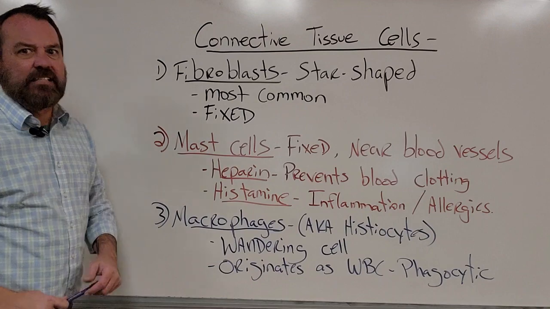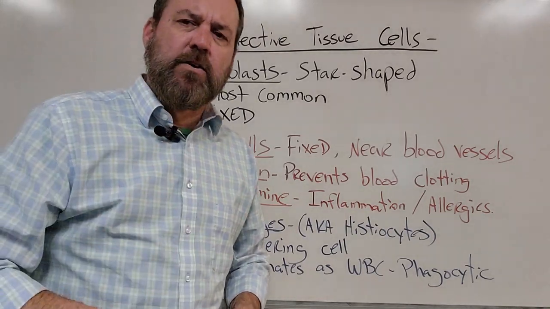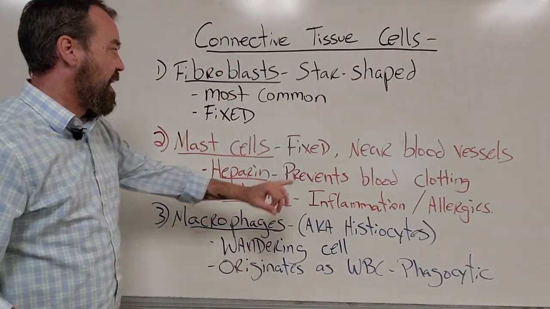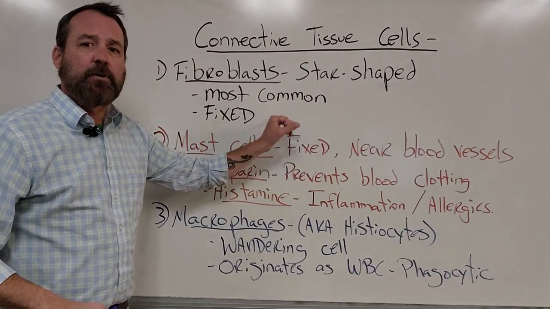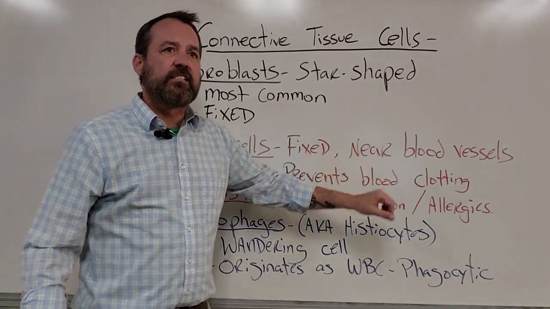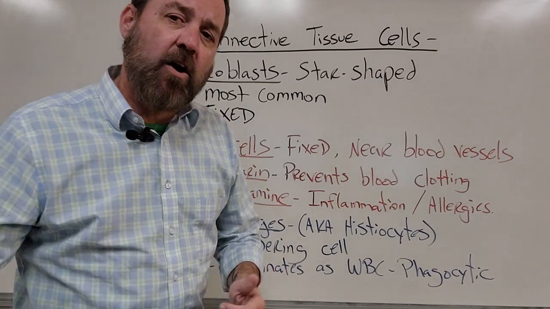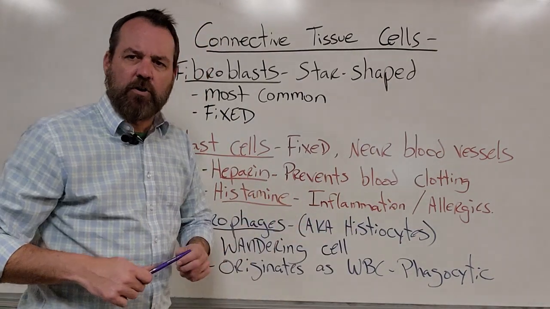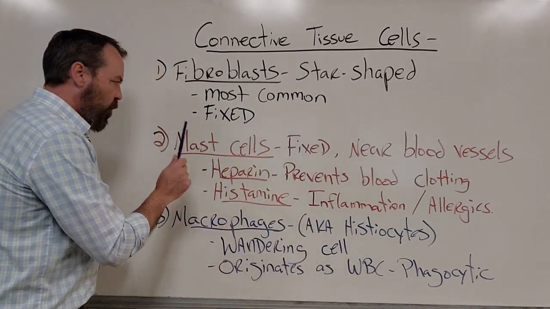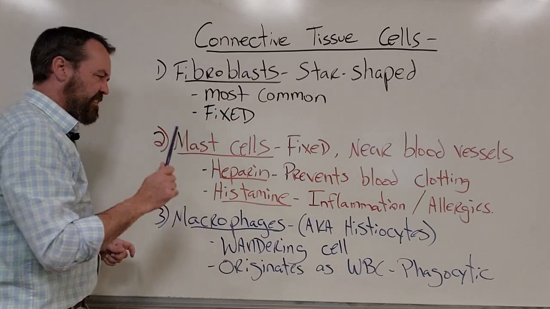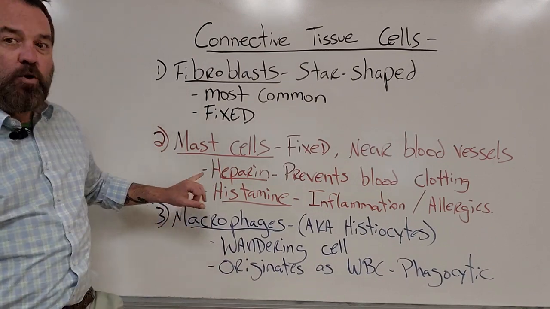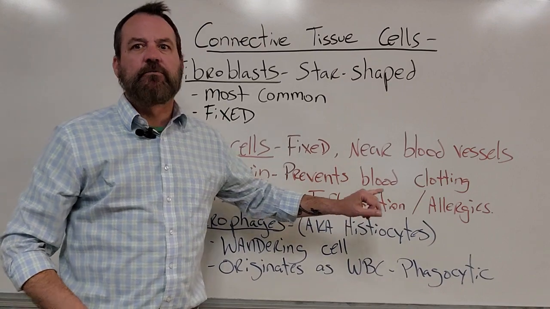Then we have mast cells, our second type of connective tissue cell. They are also fixed like our fibroblasts, but typically we find these near blood vessels, specifically arteries, or veins, though more so arteries. What I really want you to know about mast cells is they secrete heparin, which works to prevent blood from clotting.